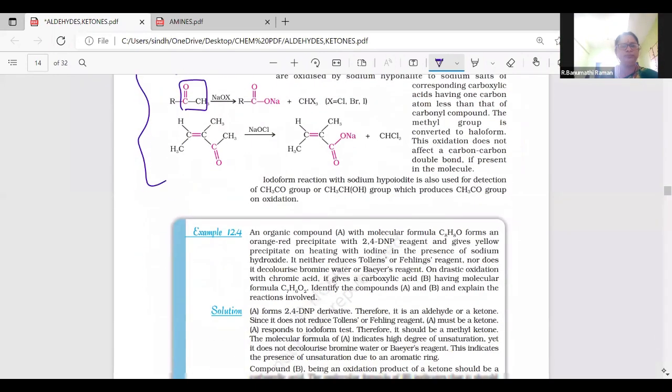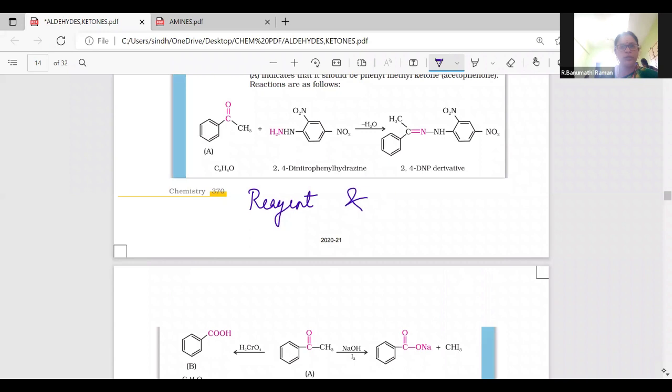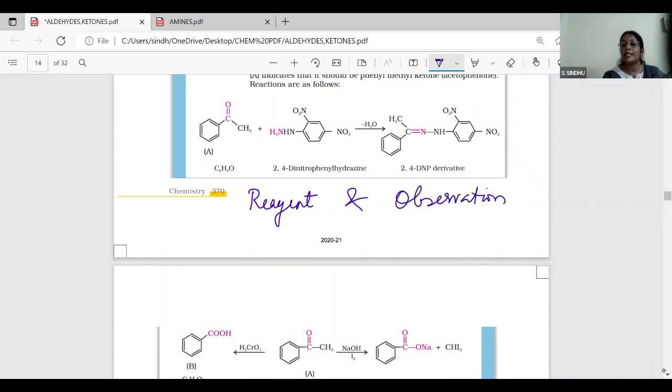And particularly whenever a distinguishing test comes in, as we were discussing the other day, the board mark distribution is always for the name of the reagent and the observation. So very important. Even if they don't write the reaction, no harm.